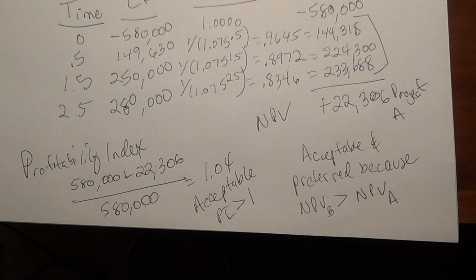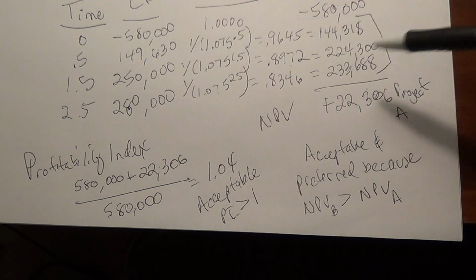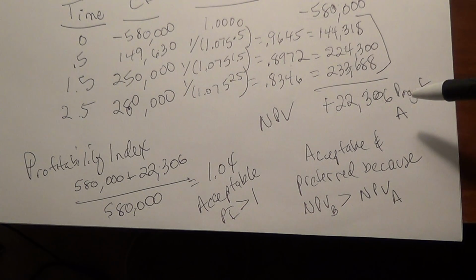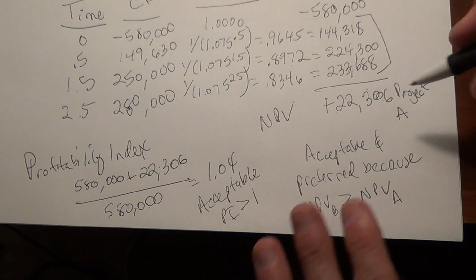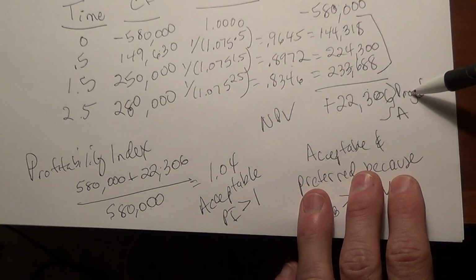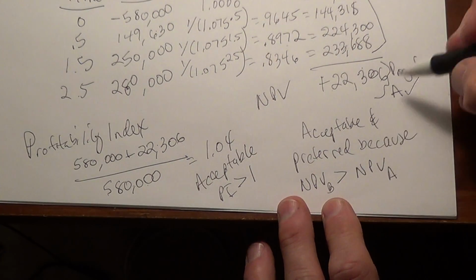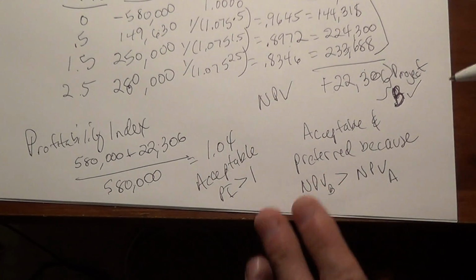So this is the second video. We've decided that both Project A and Project B are acceptable because their net present values are positive. Project A is the one we're going to select because it's the net present value. I'm sorry, Project B. Sorry, I keep mixing those two up.